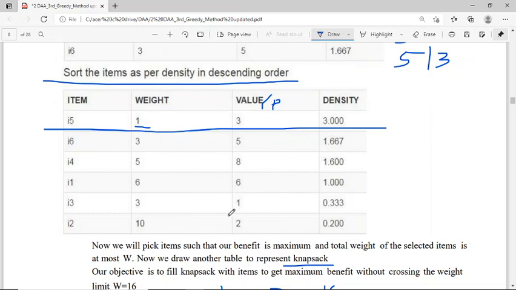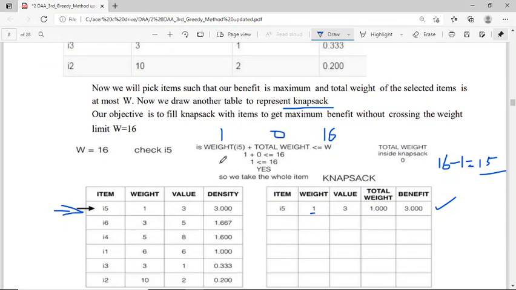Now we are checking with the help of the formula: weight plus total weight less than or equal to 16. What is the weight now? I5 has weight 1, plus the total weight, which is 0 because we are starting and have not included anything in the bag.